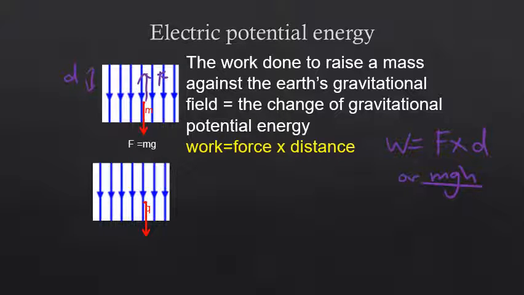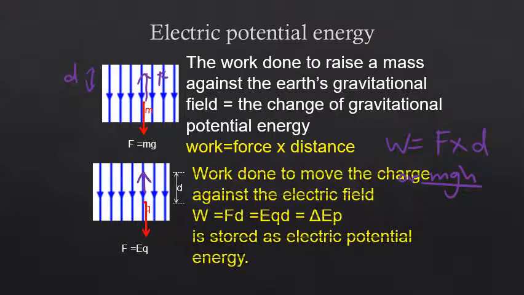Whereas in terms of electrical potential energy, we have the force equaling E times Q from our previous slide, and a certain distance that it's being moved up. So work done to move the charge against the electric field will be again force times distance, but remembering force equals EQ, and you've got this certain distance.